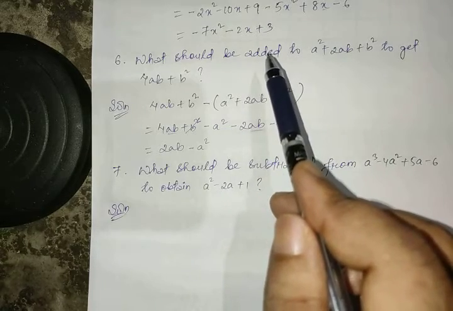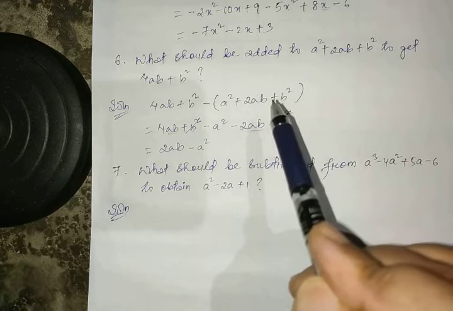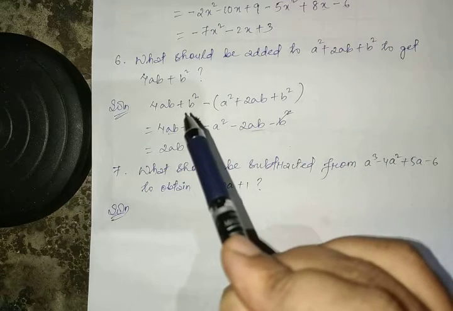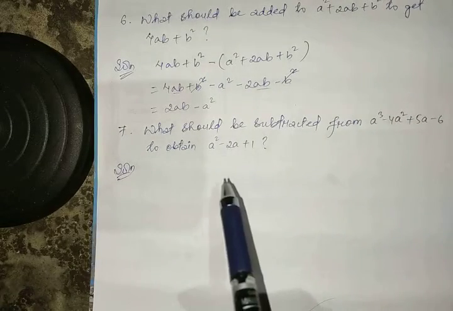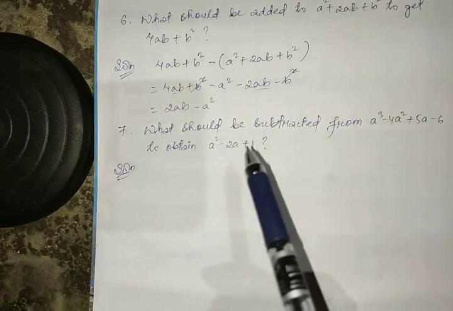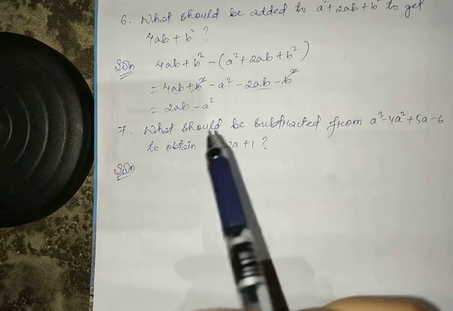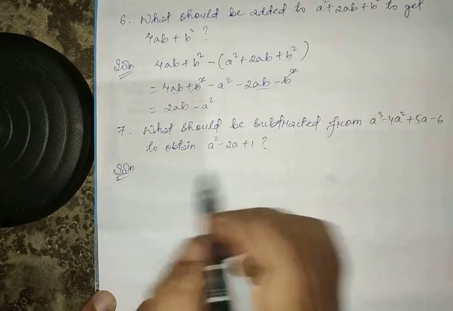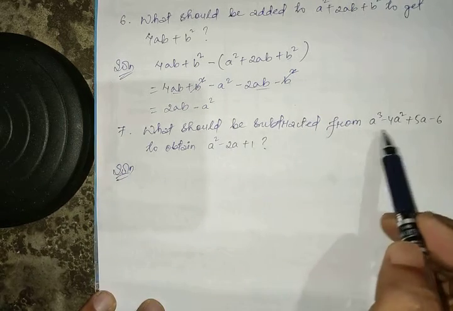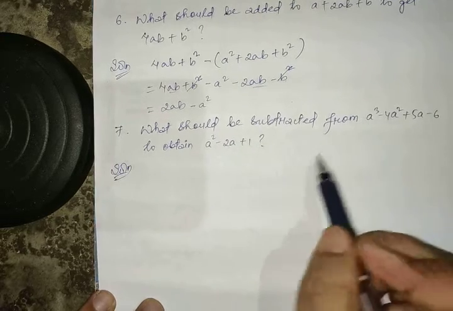So in that case what we have done is we have subtracted the first expression from the second expression, but here we have to subtract the second expression from the first expression, because here you have to find what should be subtracted. So that you have to understand. If it is subtracted, you subtract the second expression from the first expression.